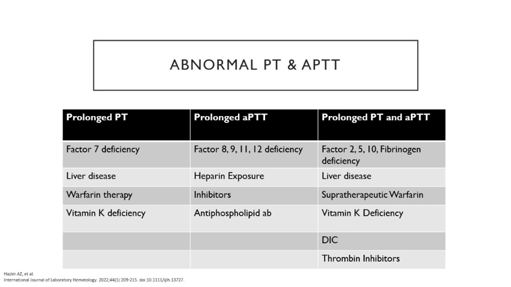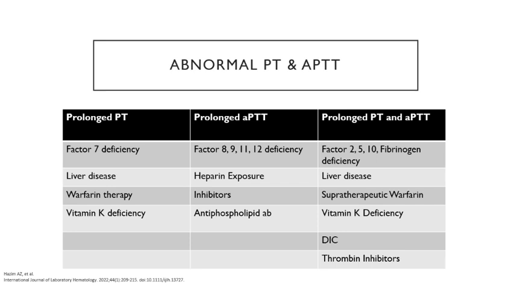Some causes include a deficiency in factor 7, liver disease, as the liver synthesizes most of the clotting factors, warfarin therapy, as warfarin inhibits vitamin K dependent clotting factors, and vitamin K deficiency, as vitamin K is essential for the synthesis of factors 2, 7, 9, and 10. Other causes would include use of direct oral anticoagulants, congenital factor deficiencies, or the presence of lupus anticoagulant.